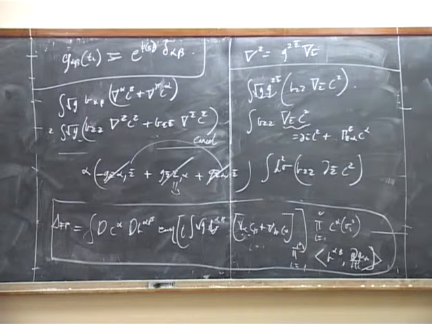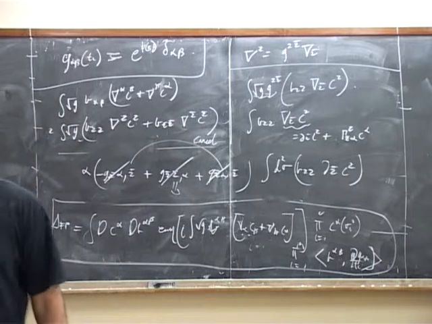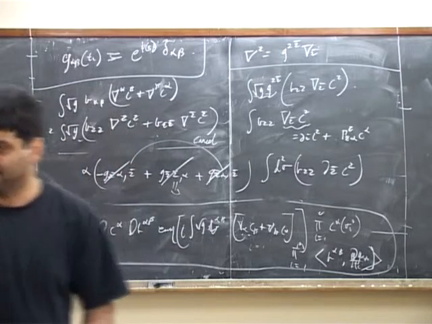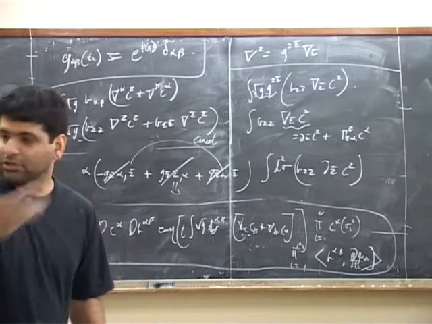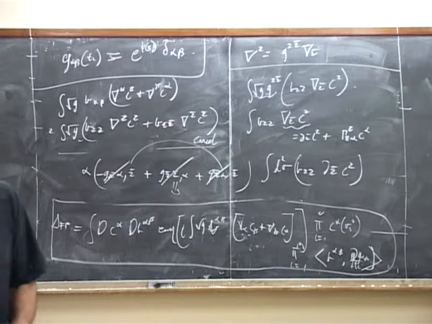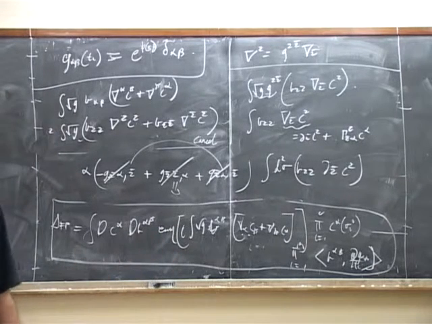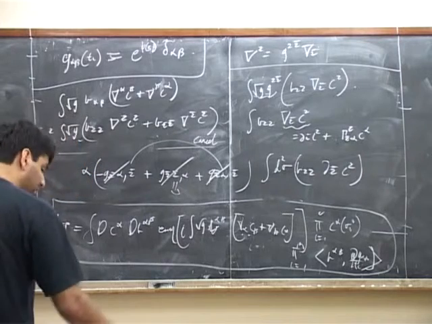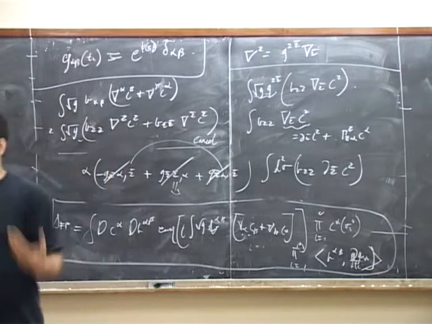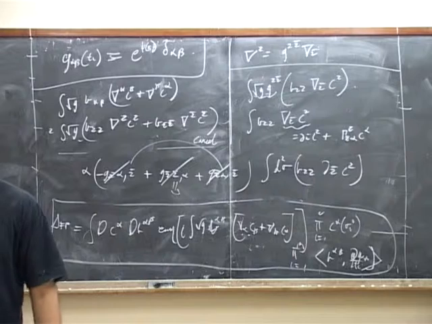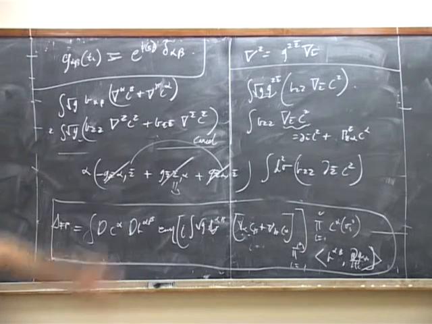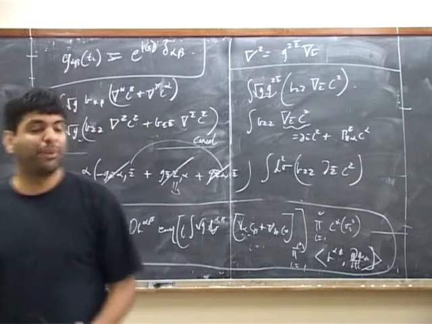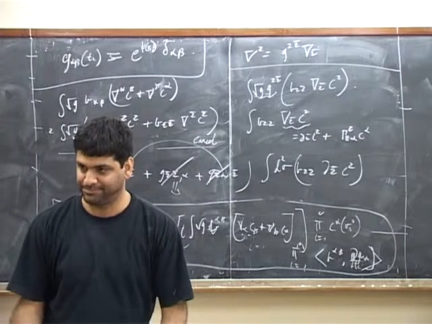Now, remember that conformal transformations are special. Conformal transformations are those coordinate transformations that leave metrics in these forms unchanged. A conformal transformation is made up of a Weyl transformation plus a diffeomorphism. We've seen that b and c have weight 0 under Weyl transformations.